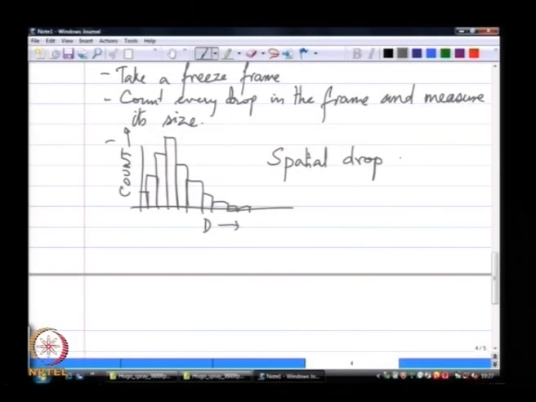This kind of information is what we will call spatial drop size distribution, because my independent coordinate of acquiring this information was x and y, the space.